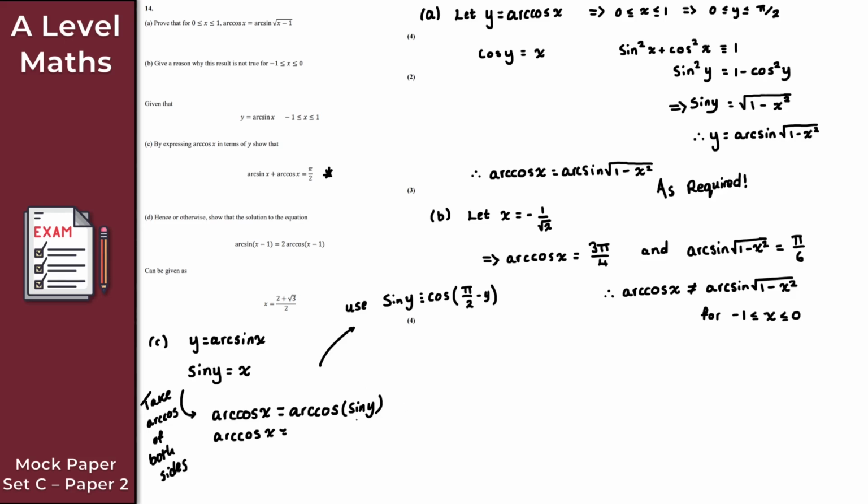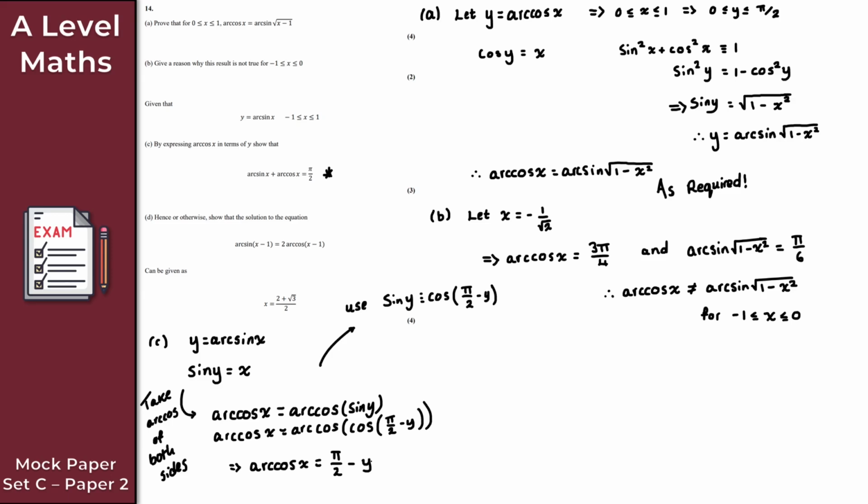So just replacing sine y with this identity, we've got arc cos of cos of pi over 2 minus y. And arc cos of cosine, they're just the inverse of each other, so they just cancel. And in that case, arc cos x is equal to pi over 2 minus y.